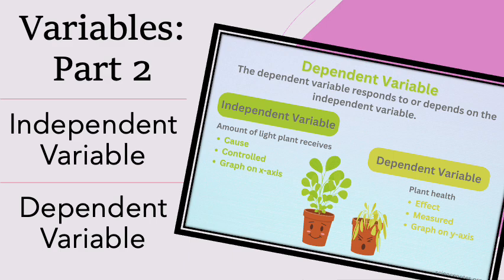The dependent variable, which I remember as the fact that a change in the dependent variable depends on what the researcher does to the independent variable. So the dependent variable is the variable that responds to or is affected by the independent variable.